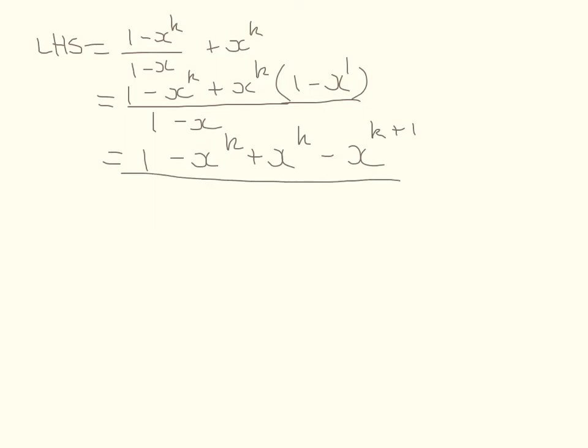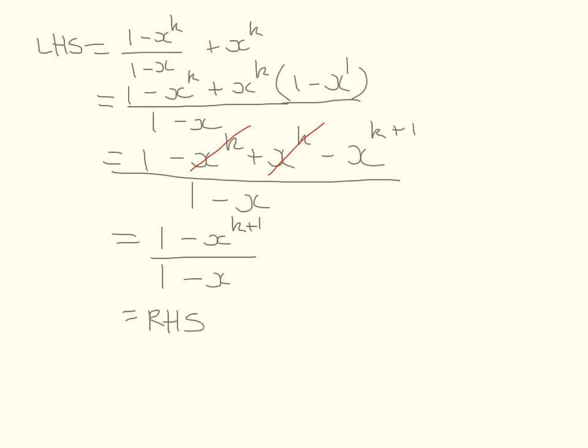And that's all over 1 minus x. So minus x to the k plus x to the k, they cancel. So what I have is 1 minus x to the k plus 1 all over 1 minus x, which was equal to the right-hand side, if you look back.